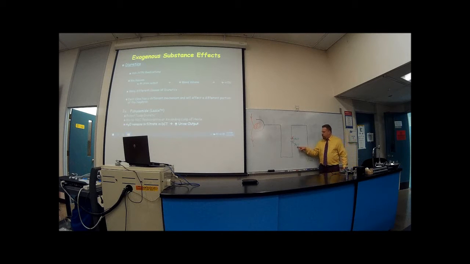So when it stays in the filtrate, it's becoming more concentrated here because it didn't get reabsorbed here. So it's more concentrated inside the tubule, and that's going to make the inside more concentrated. So when it gets to this point here, the water doesn't want to get reabsorbed, because that means it's going to have a very concentrated urine, and we don't want concentrated urine.